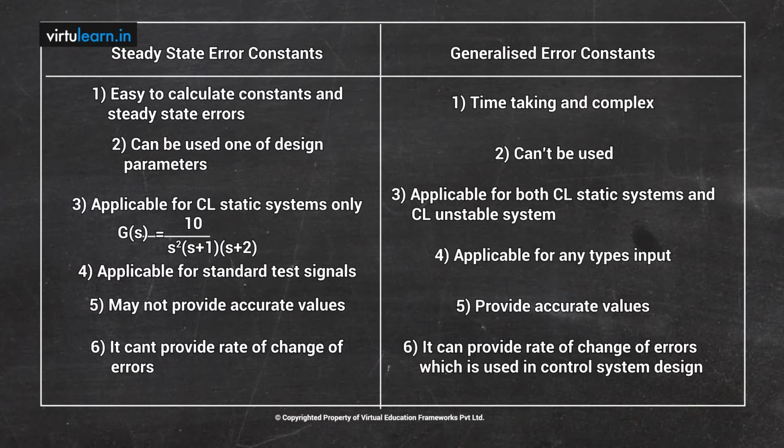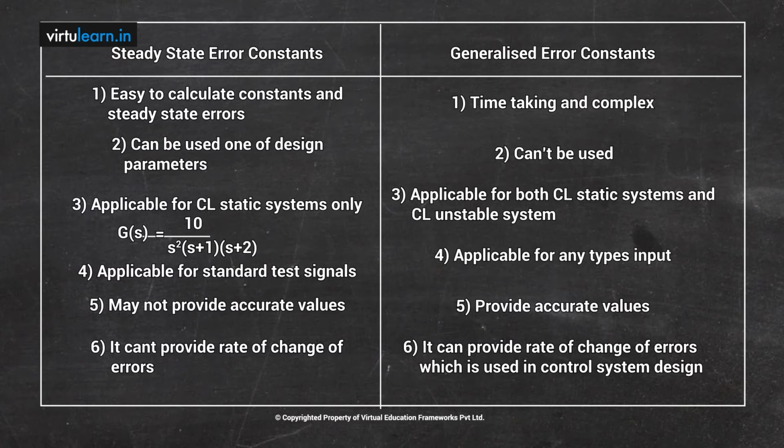Similarly, my Kp value should be only 2, or Ka value only 0.1. In this way I can define the design specification in control system. So there we use the steady state error constant. That is not possible here. We are not going to take C0, C1, C2 as design specifications in control system design.